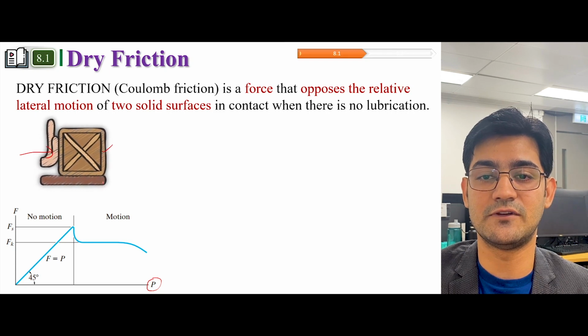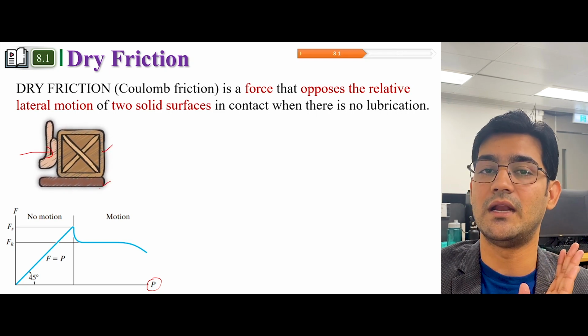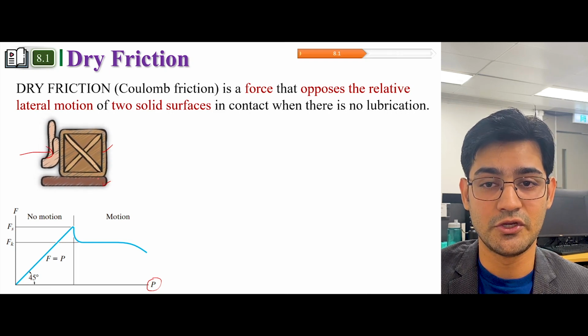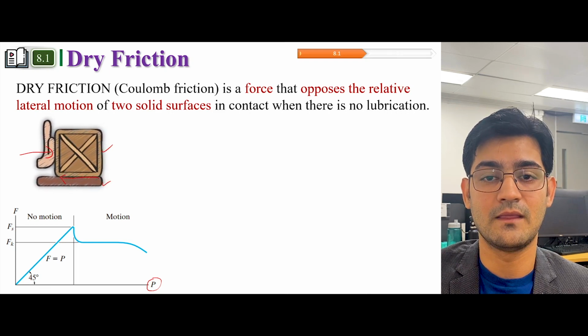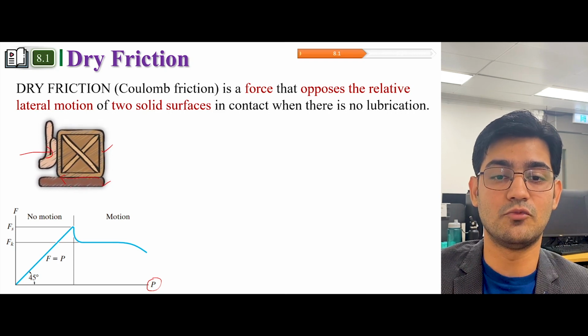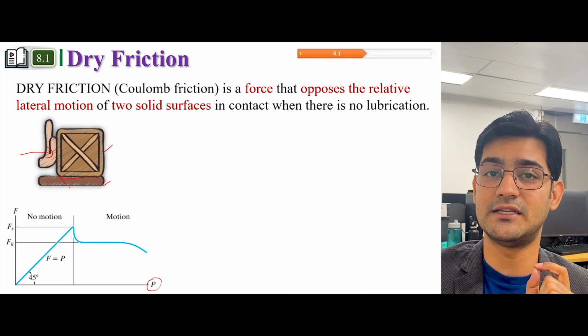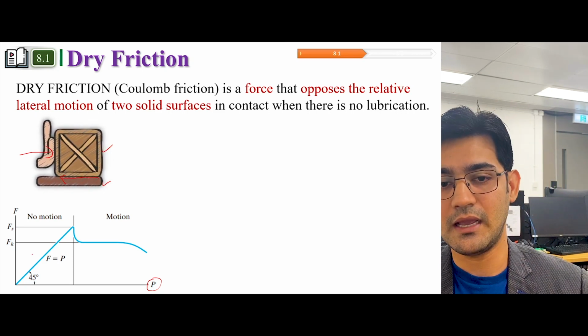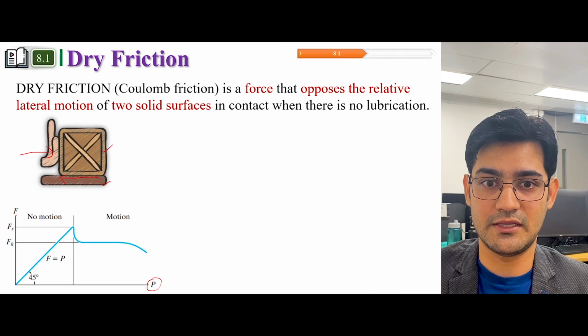This is one solid surface, this is another solid surface, and we apply an action force, and as a result you will have a reactive frictional resistance force. The more action we apply, the more reaction we receive, but there is a limit to the reactive forces, and that's what we're going to determine in this slide.